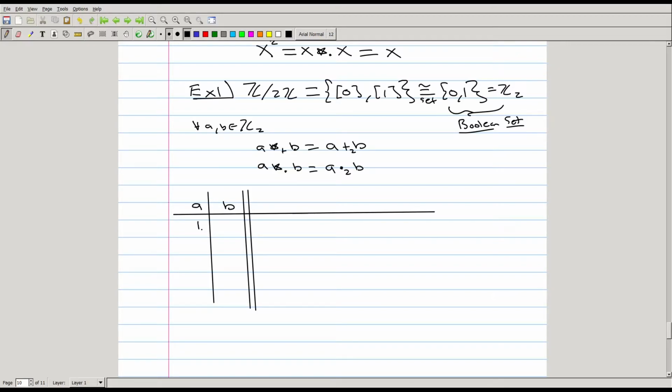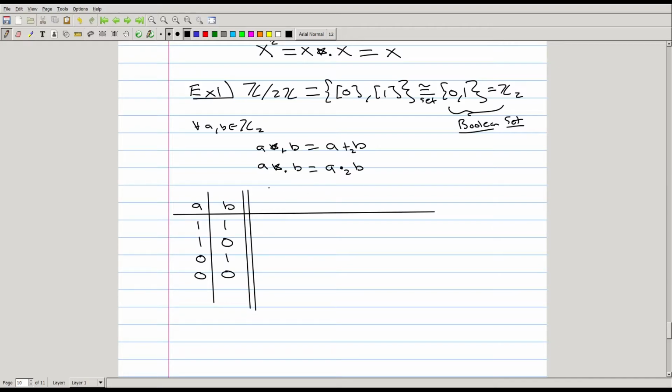But if we go through and look at A can be 1, B can be 1, A can be 1, B can be 0, A could be 0, B could be 1, and A could be 0, B could be 0. So we can actually list out all of the possible values that these mappings give in this ring.